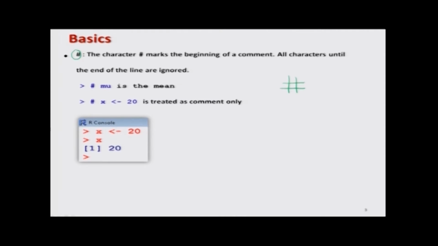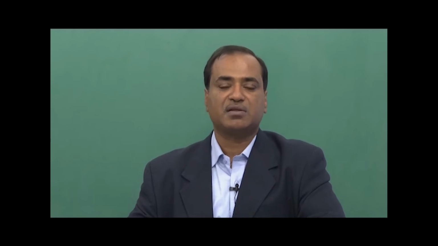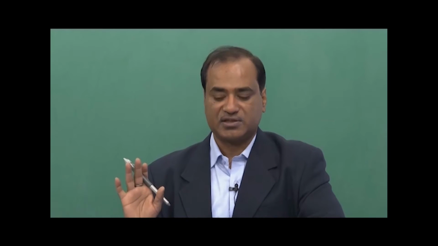For example, when I write x equal to 2, that means the value 2 has been assigned to a variable x, and when I write 2 into x, the value of x is multiplied by 2 and we get 2 into 20, that is 40. But if I write a comment after the hash sign, there should not be any mathematical operation over the comment. It will simply appear as a statement.